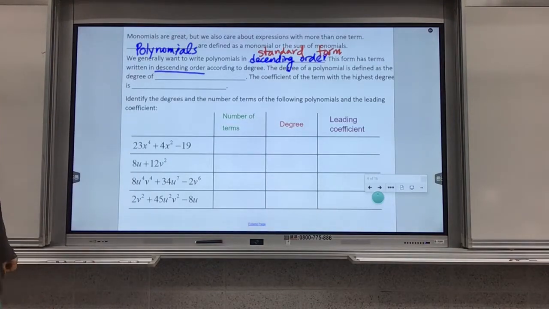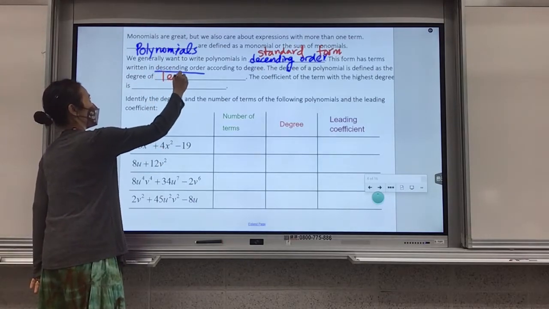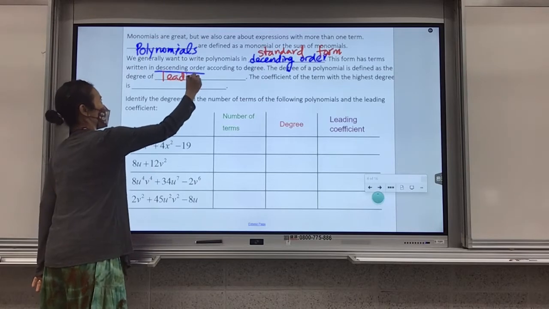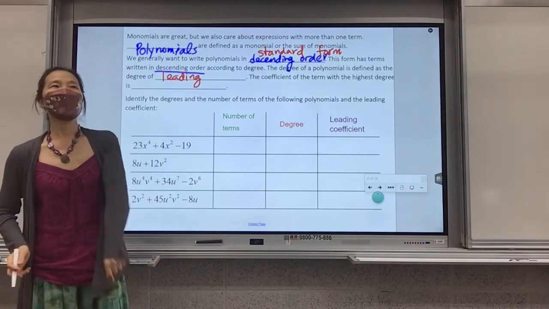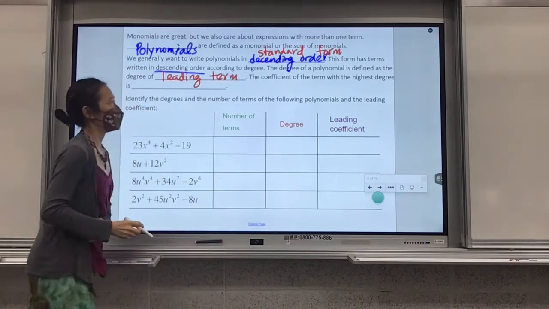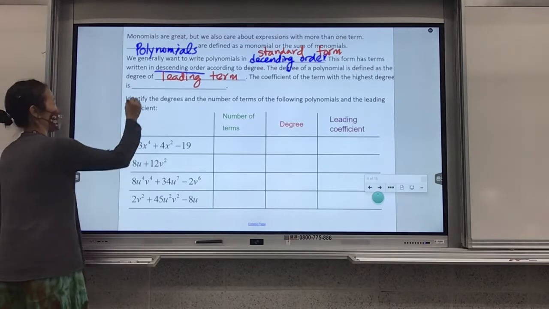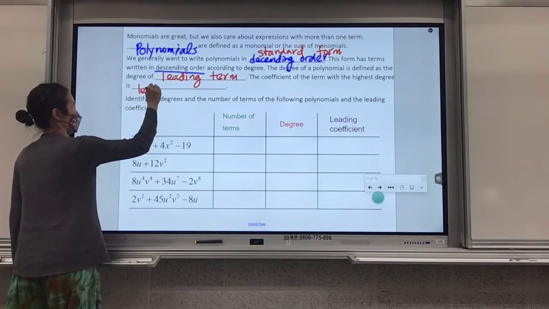According to their degree. The degree of a polynomial is defined as the degree of the leading term. There are many terms, right? Find the highest degree term, and that is the leading term. The coefficient of that term with the highest degree is called the leading coefficient.